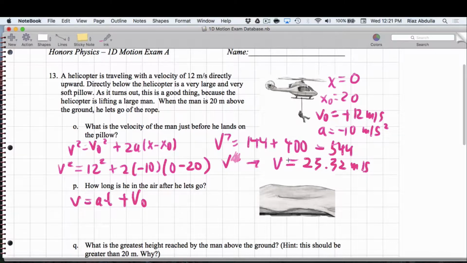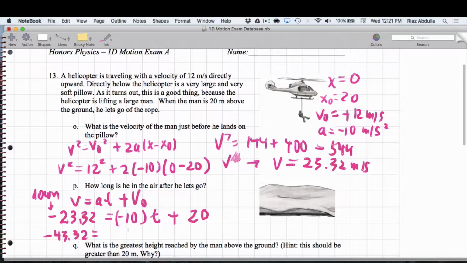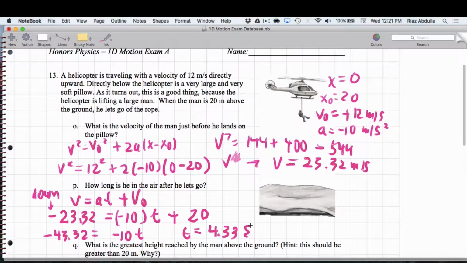I got the size of the speed, but he's falling downwards, so his velocity is negative 23.32 because it's downwards, equals negative 10 times t plus 20. So we're going to end up getting negative 43.32 equals negative 10t. T ends up being 4.33 seconds.